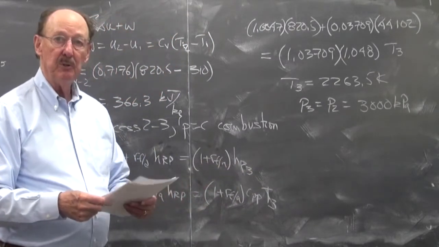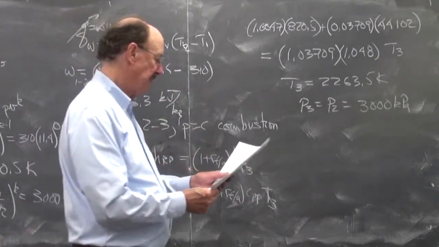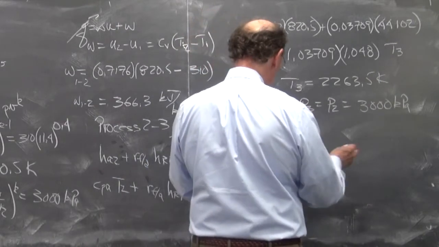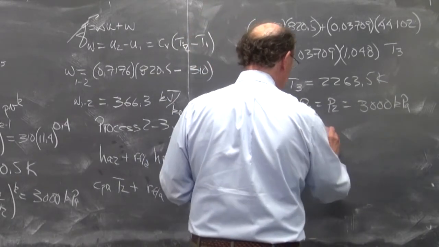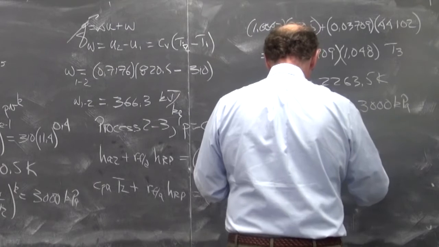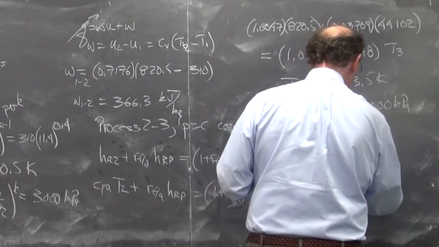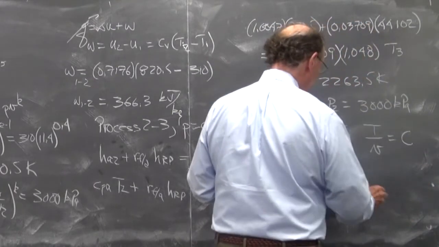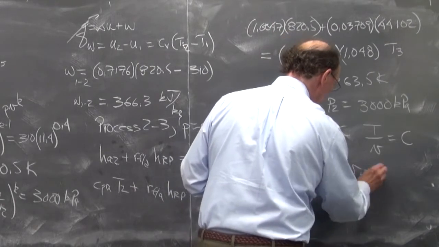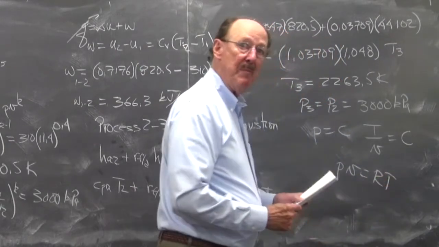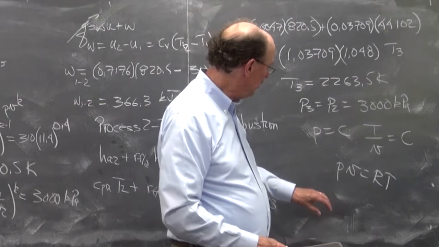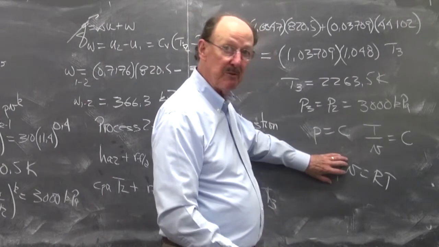And now what I can do is solve for V3. So for P equals constant, P over specific volume is equal to a constant. And remember, I always use this PV equals RT. So I never remember the Charles law of variations, but if pressure is constant, then T over V is a constant.